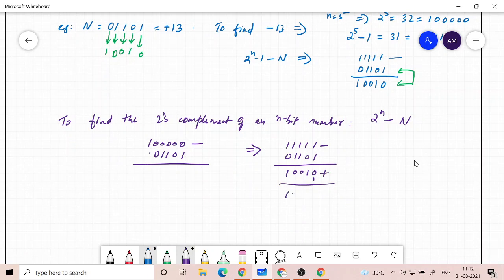So that will be 1 0 0 1 1. So this is the 2's complement representation of minus 13. Okay, so minus 13 in 2's complement form, it is just 1 larger than the 1's complement.